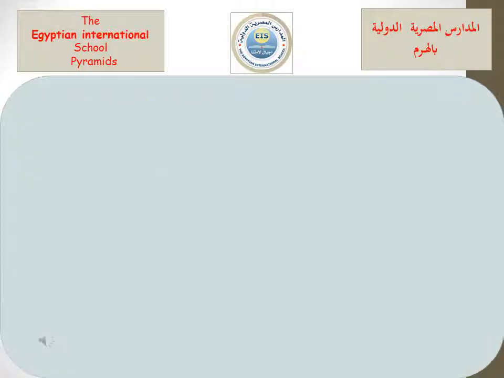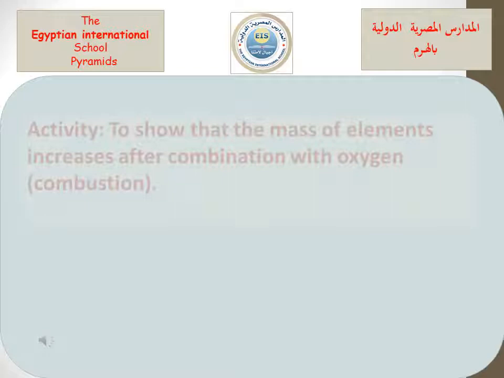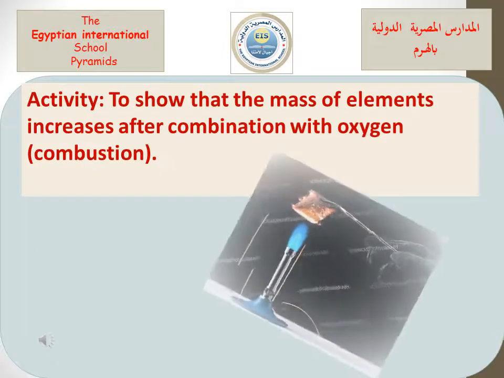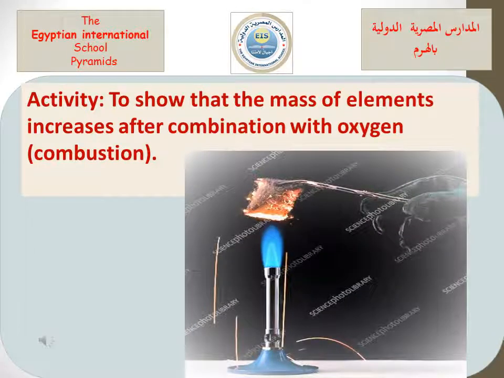To show that the mass of elements increases after combination with oxygen or after the combustion process, we will bring two pieces of cleansing wire having the same mass، يعني الاتنين بيكونوا قد بعض, and then I will take one of them and burn it on the flame, but surely I will hold it with tongs to not harm myself.